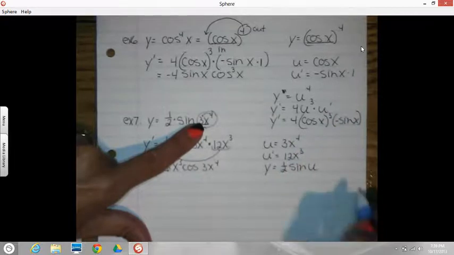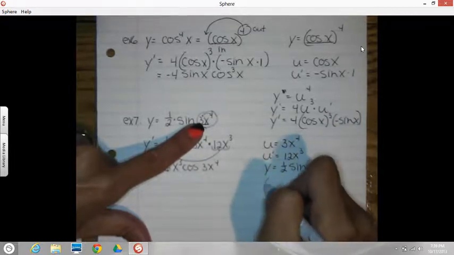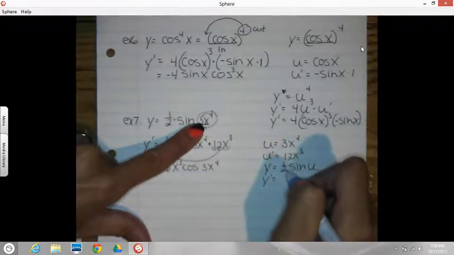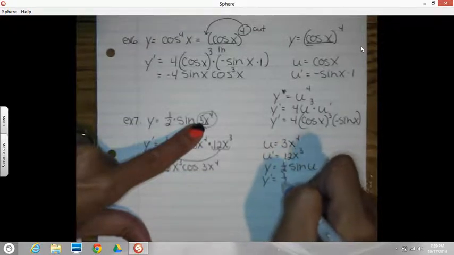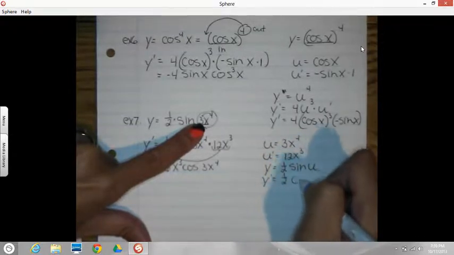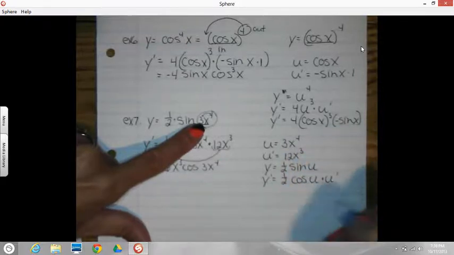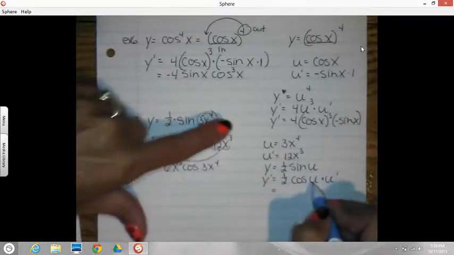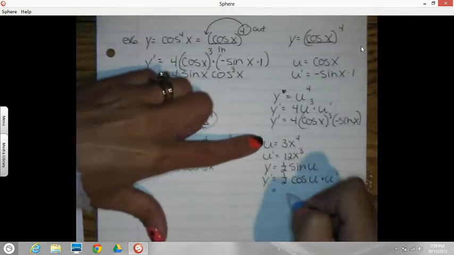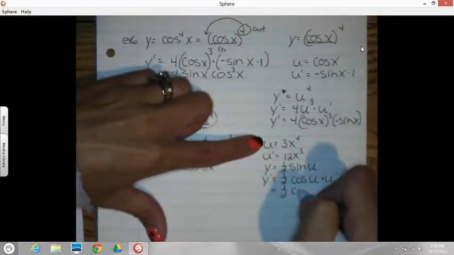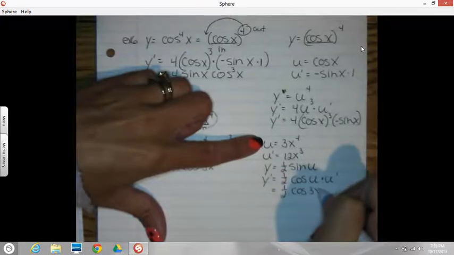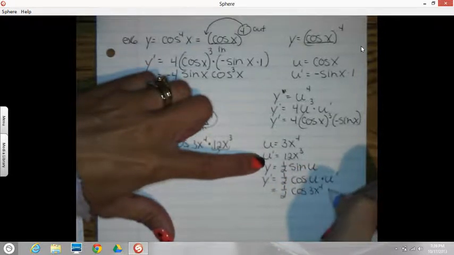So now I can see it's just a trig function. So y prime, still, the multipliers out in front carry. The derivative of sine is cosine. Keep the angle the same, times u prime. Now we substitute back in for u and for u prime. 1/2 cosine of 3x to the 4th times the 12x cubed.